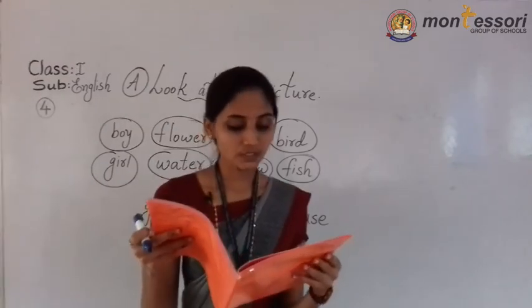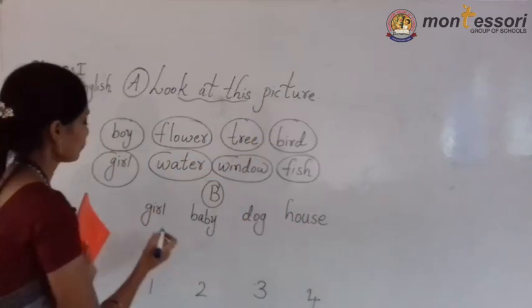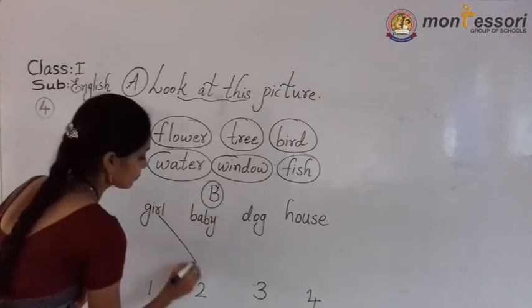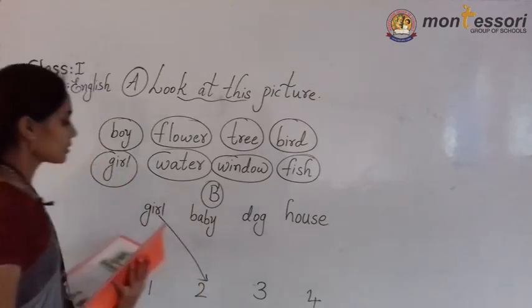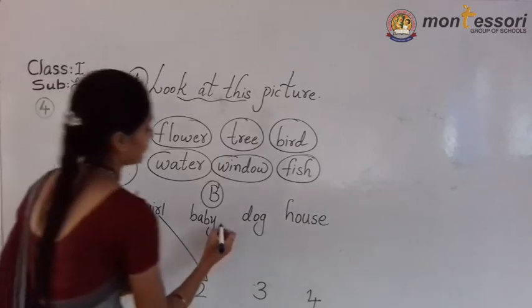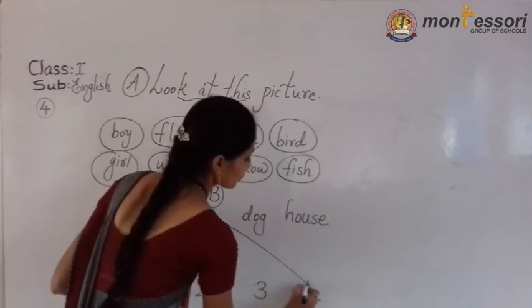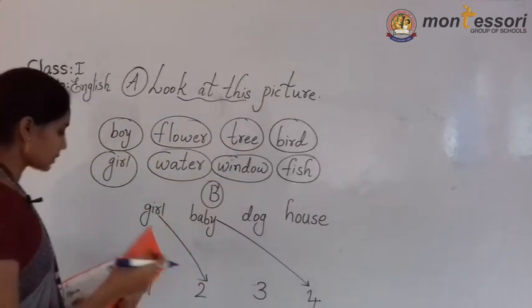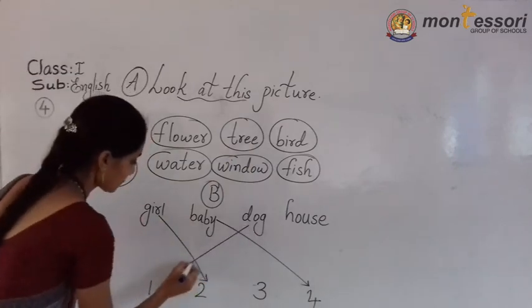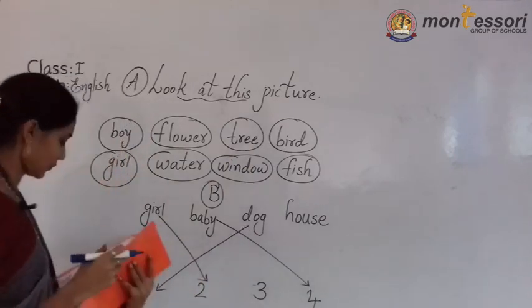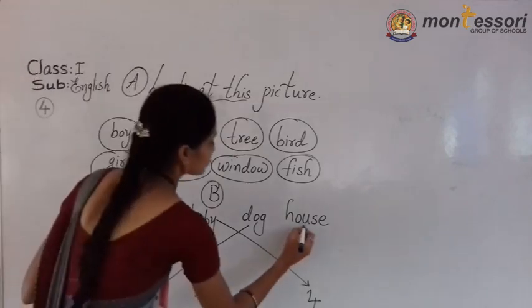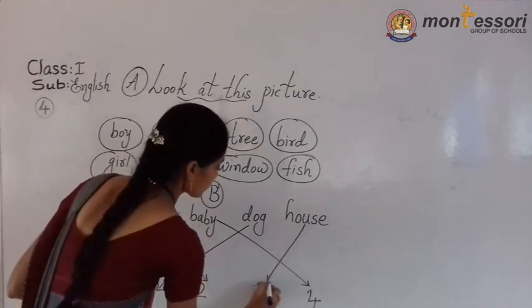First one is girl. Second one baby. Third one dog. Fourth one house.